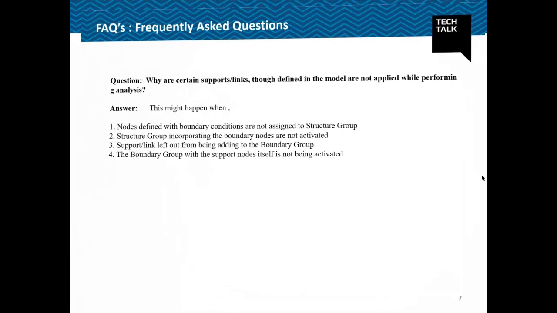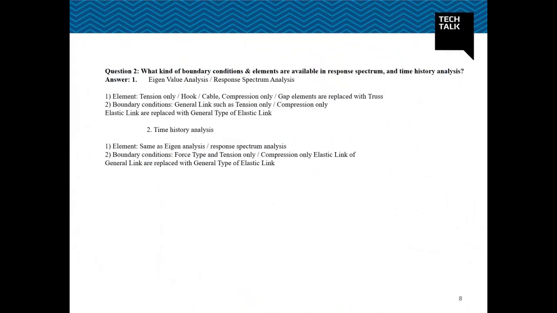Now the next question. This is another frequent question: what kind of boundary conditions and elements are available in response spectrum and time history analysis? We all know tension only, compression only, hook and gap elements.